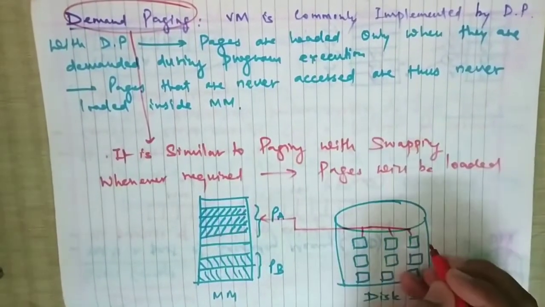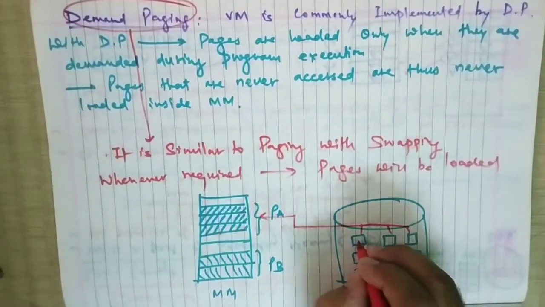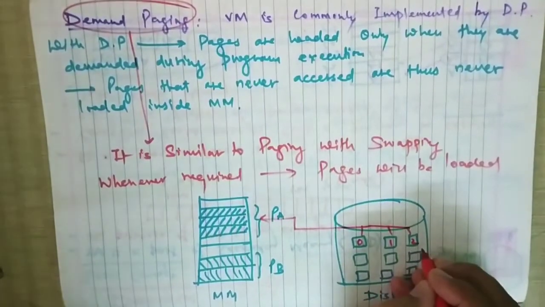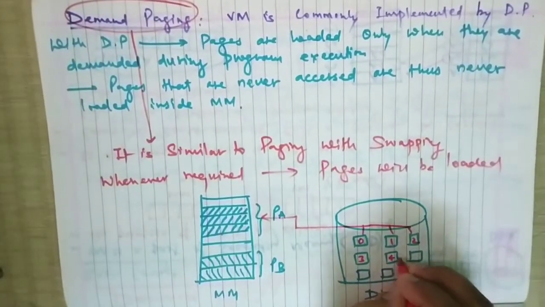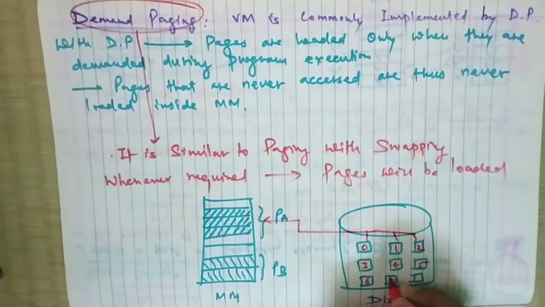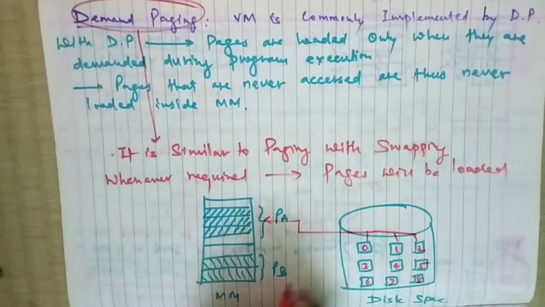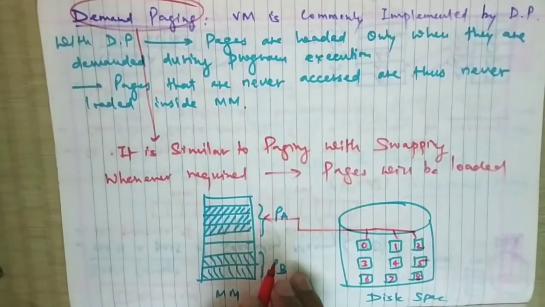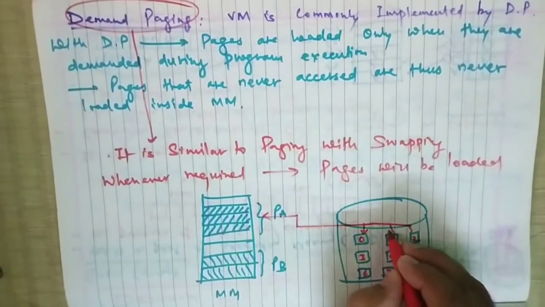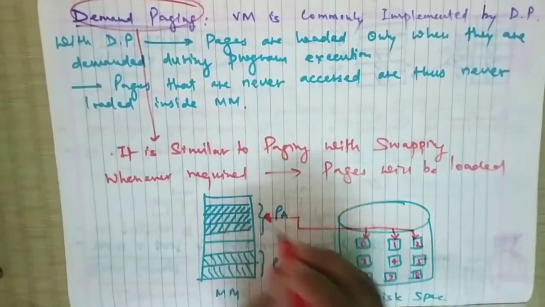I will name them 0, 1, 2, 3, 4, 5, 6, 7, 8. Process A is swapped out.